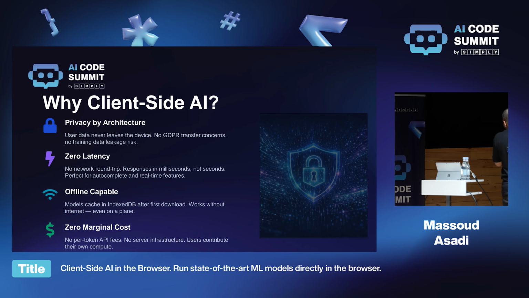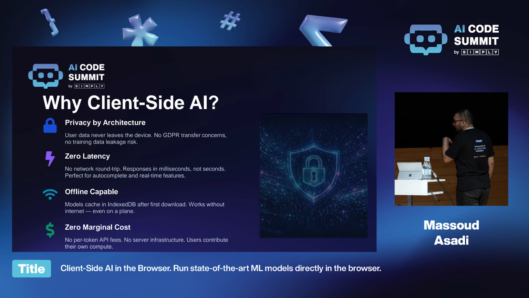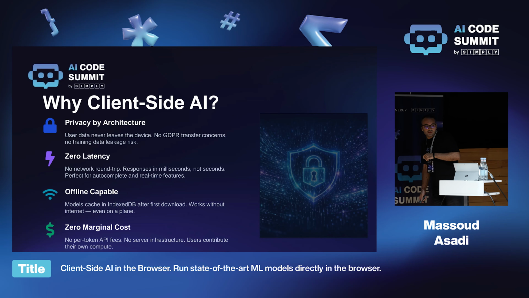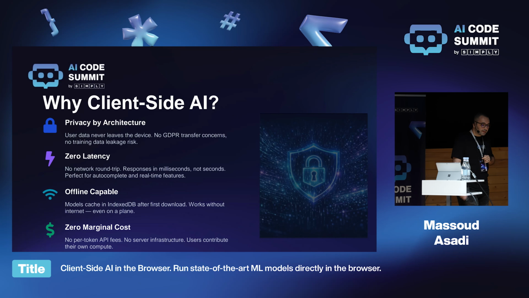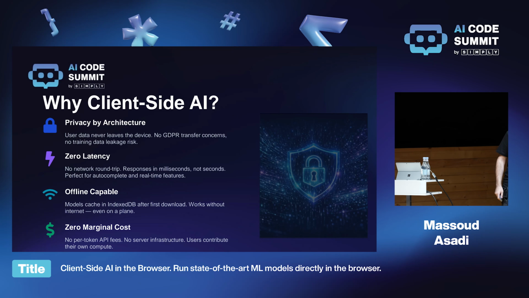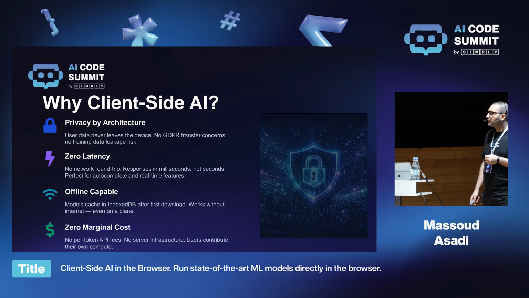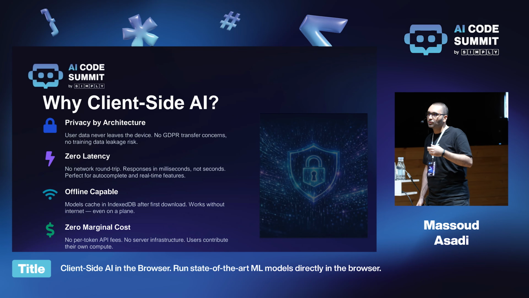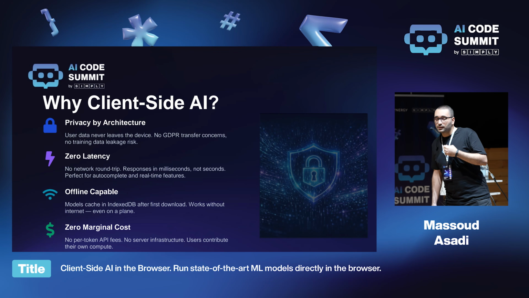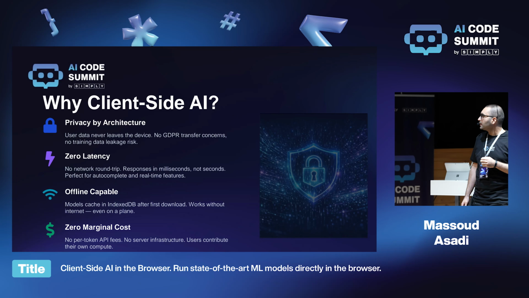So why must we use client-side AI? I think privacy is the most important thing for companies because they have GDPR, and you know, some managers don't want to expose financial data. So client-side is the best choice for them.